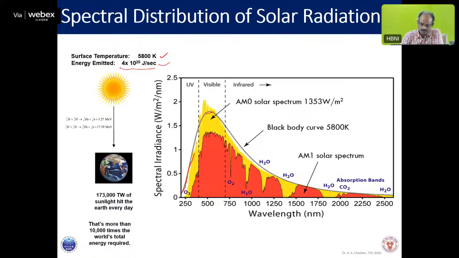This yellow part is the spectrum at the outside of the atmosphere. So you see this is matching very closely to the black body spectrum of 5,800 Kelvin.